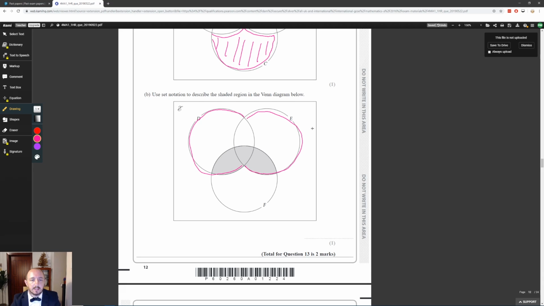So it's the union of D and E, and it has to be inside of F as well. So it's got to be inside of F and the union of D and E. There are probably a couple of ways of writing this in the exam that you could be accepted for, but that would be the most straightforward one.